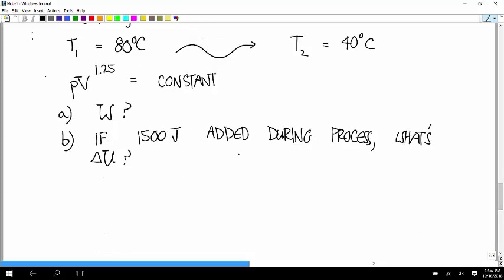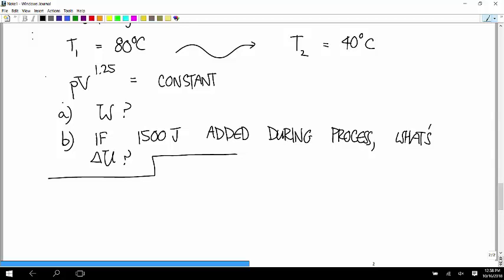Okay, so for the first one, we should be able to use the formula for the work of an ideal gas undergoing a polytropic process. I don't remember what that formula is, but it's in your notes somewhere. We went through the derivation of it, and I'd rather not go through that again.